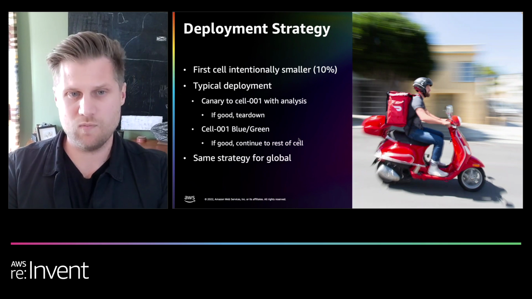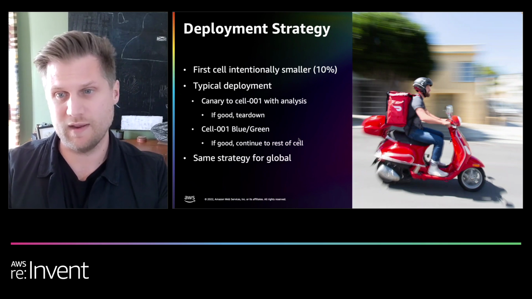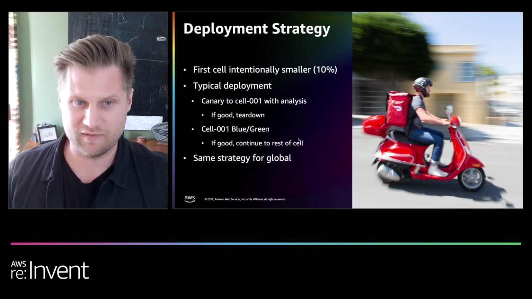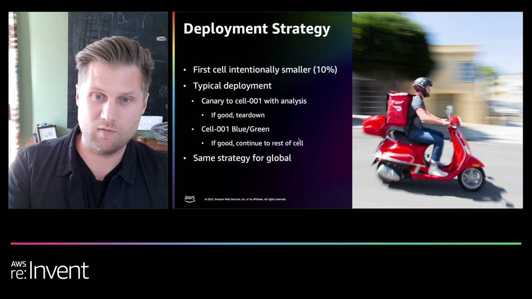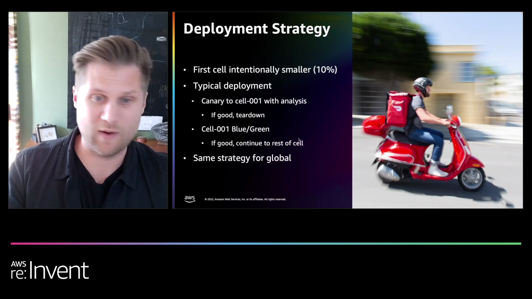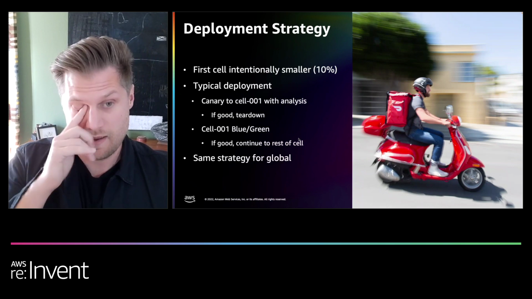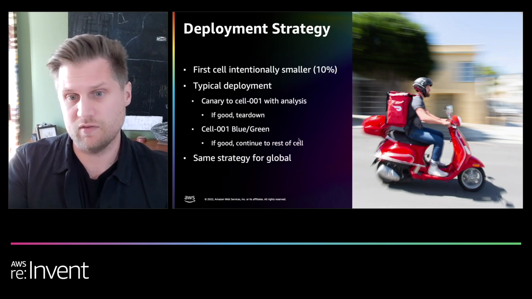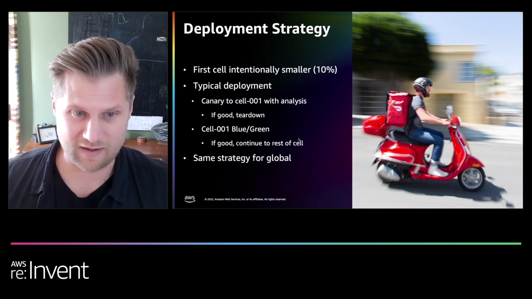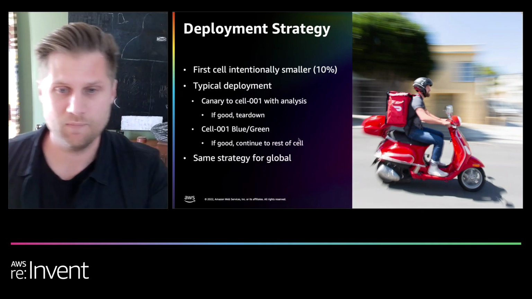If it does look good, we proceed on to a blue-green cell deploy into that cell, where we basically run the old and the new version of a service in that cell and gradually shift traffic over from the old to the new while maintaining the old for potential quick rollbacks if necessary. If all looks good, we then continue on to the remaining cells, and that's pretty much it. And honestly, this is the exact same strategy for our global service cell.